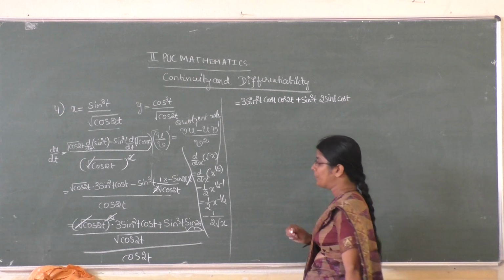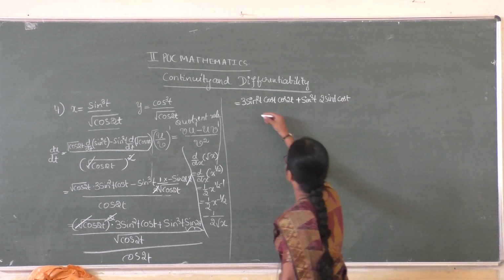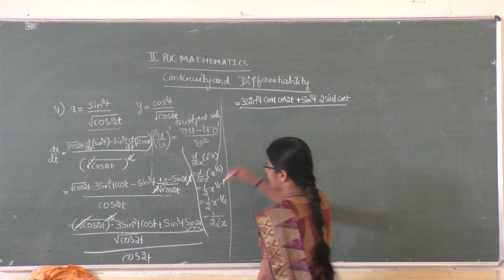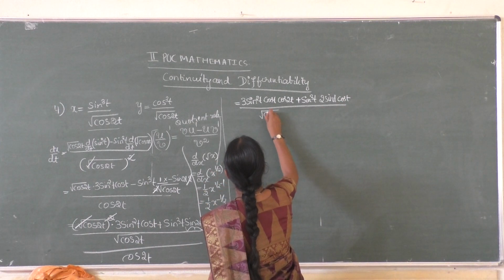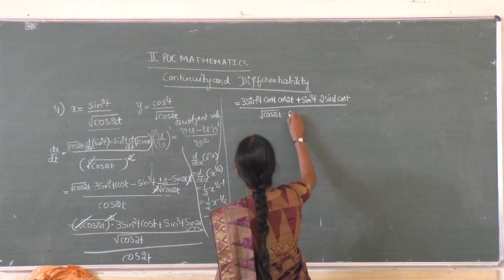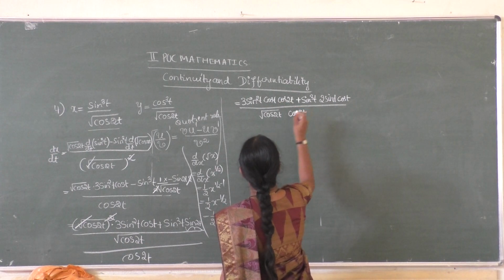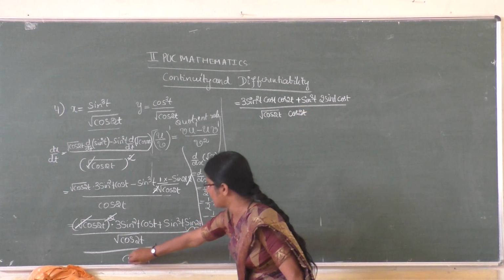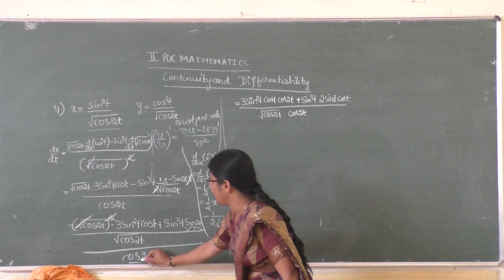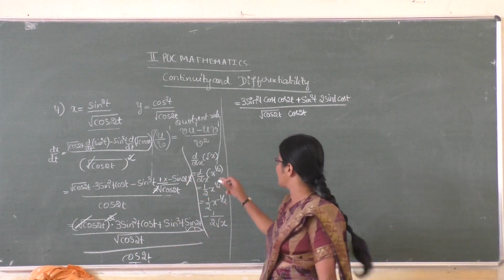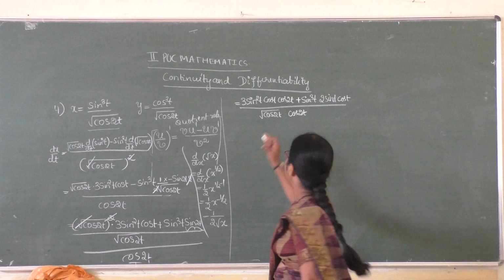Okay, sin 2t is 2 sin t cos t, divided by this root of cos 2t into cos 2t, because here in the denominator we have cos 2t by 1, so that becomes 1 by cos 2t.